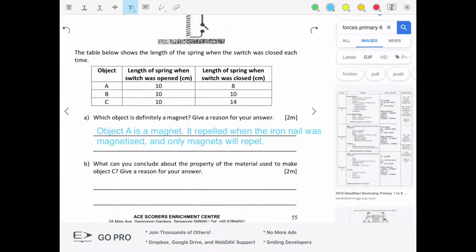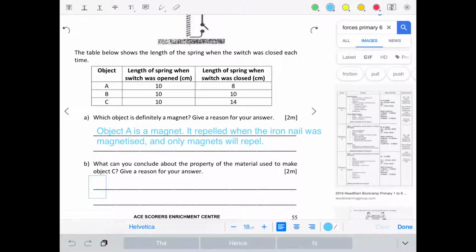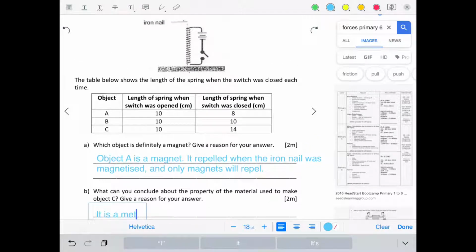Object C was attracted. So what type of material is it? Iron. Yes, that's one name of the material, but you have to talk about the property of the material. It's a metal, right? And hence, what's the property of metal?